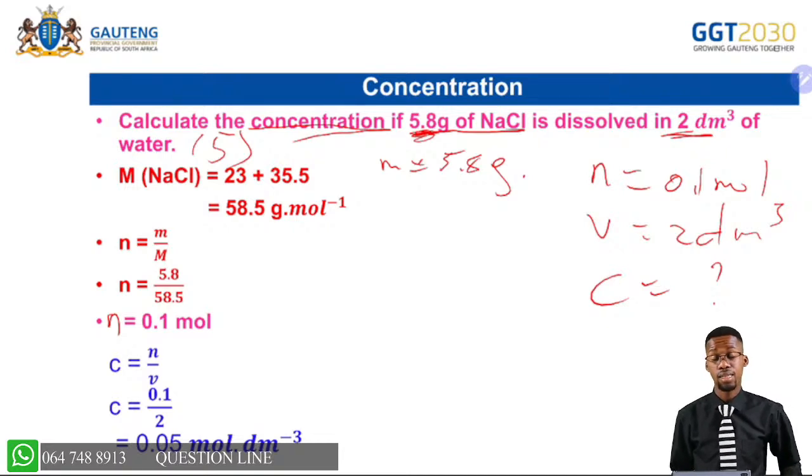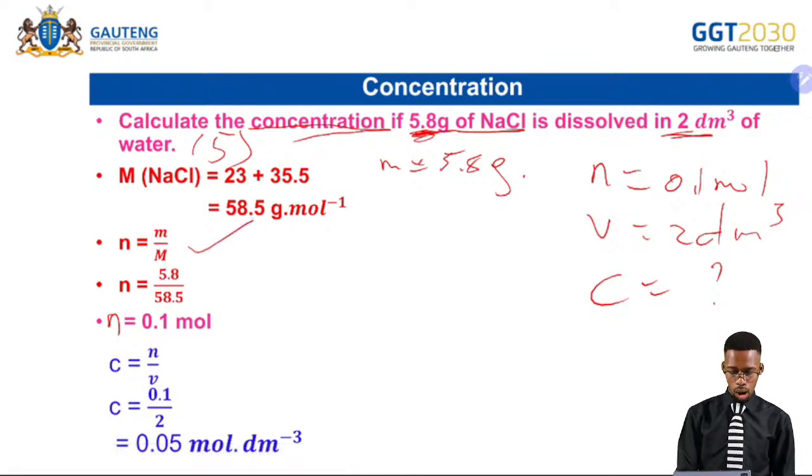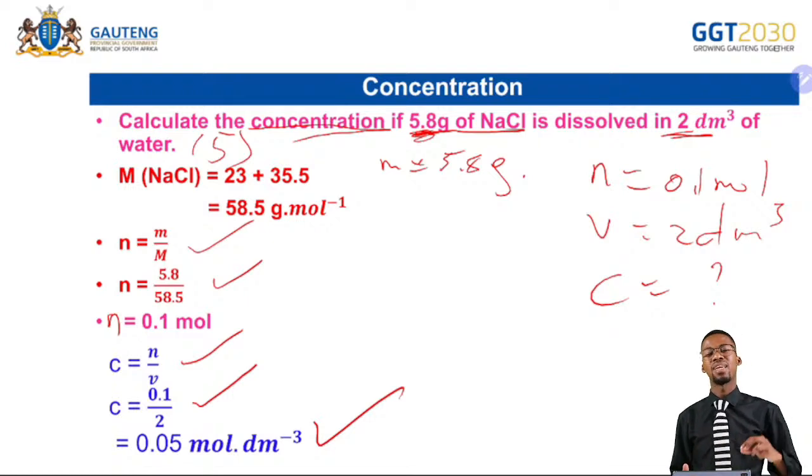So I did say that a question like this carries 5 marks. So 1 mark for this formula, 1 mark for substitution, 1 mark for the concentration formula, 1 mark for substitution, 1 mark for the final answer. And we are saying that write the formula. Copying a formula from the formula sheet, it is not a sin.